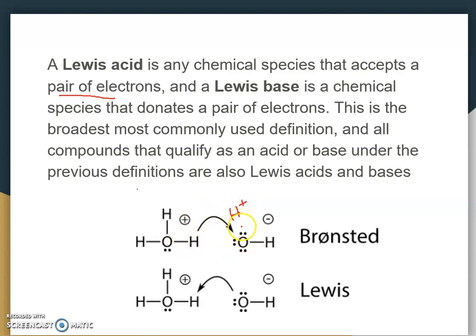And at the same time as it's donating the proton, it's accepting a pair of electrons. So that's why it's a Lewis acid. So a Lewis acid is something that can accept a pair of electrons, and a Lewis base is a chemical that donates a pair of electrons. Okay? And that's all we're going to say about those.